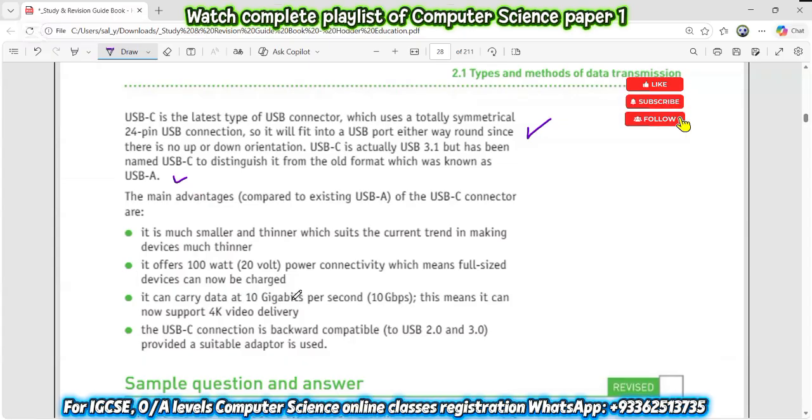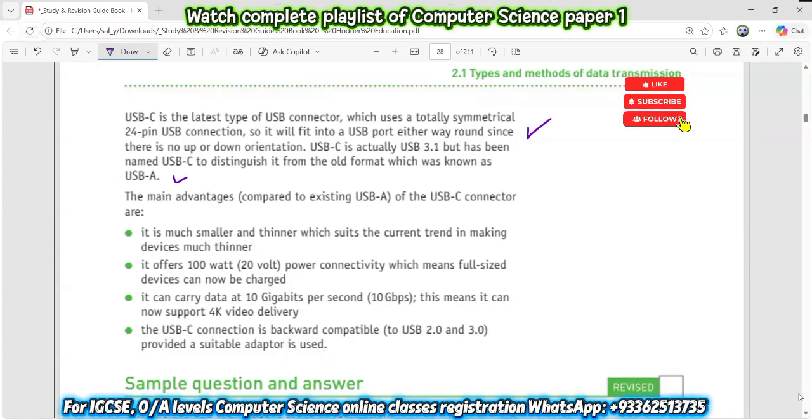It can carry data at 10 gigabits per second, which means it can now support 4K video delivery. USB-C is backward compatible with USB 2.0 and 3.0, provided a suitable adapter is used. So one advantage again is that they are still backward compatible.